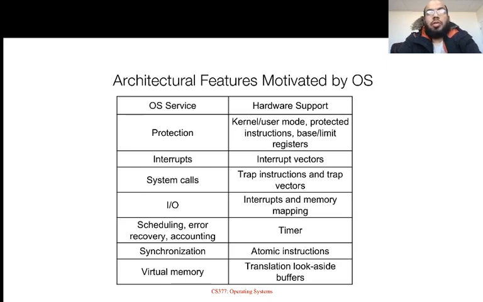If you're logging onto your bank account and at the same time browsing your Facebook, you do not want Facebook to read your banking account password. So you have protection, and hardware has evolved to support many of these protection needs by implementing things like kernel and user mode, protected instructions, and base and limit registers, and we'll go through this. You have interrupts and the interrupt vector.